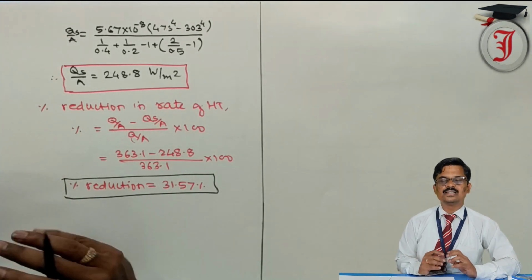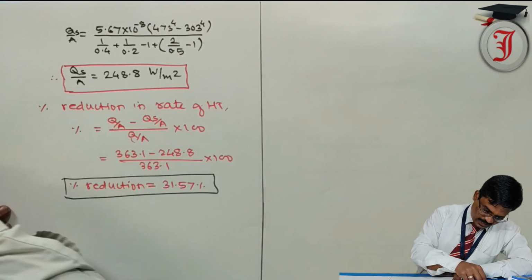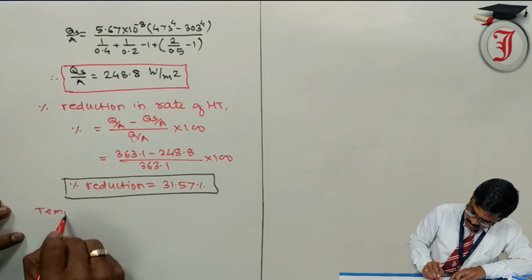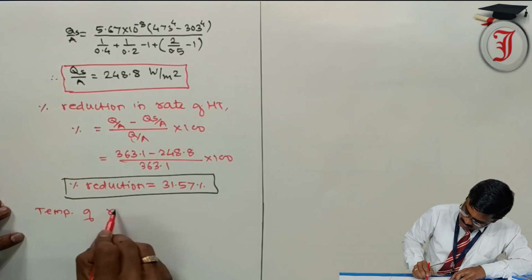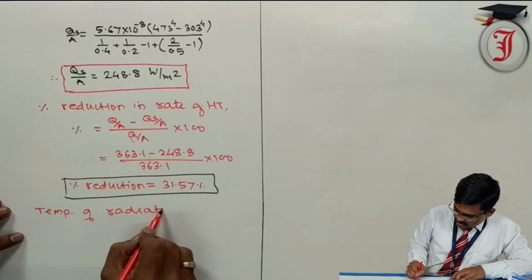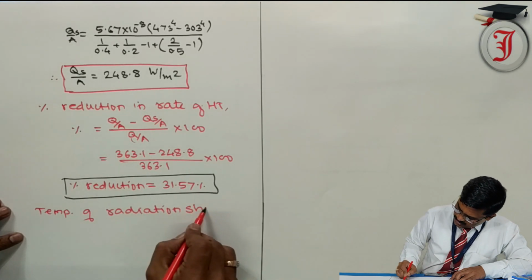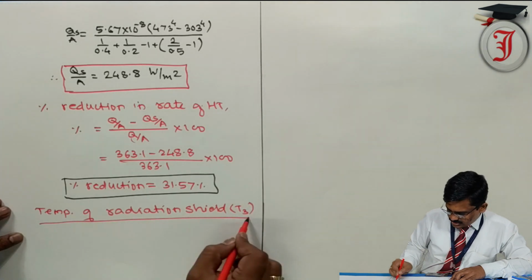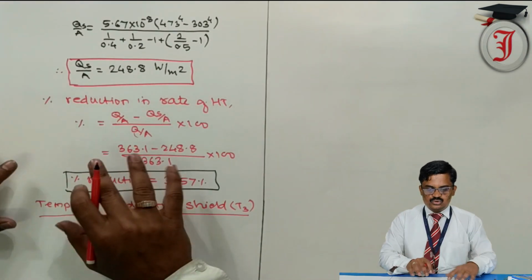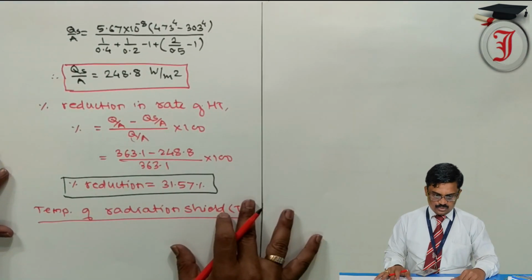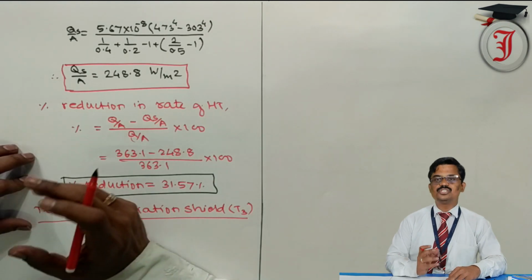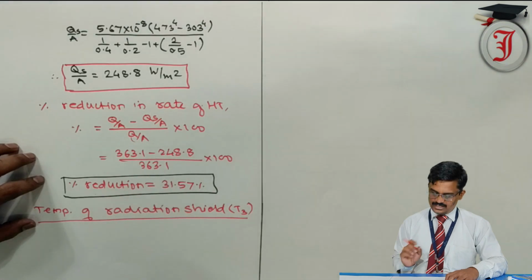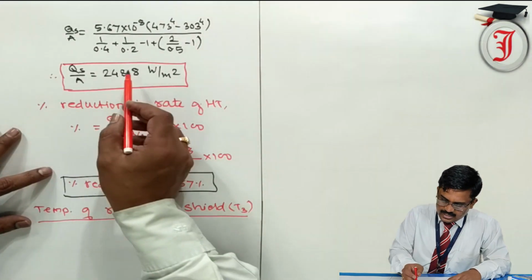Now we have to calculate the temperature of the radiation shield. Next, we have to determine the temperature of the radiation shield. Let us assume this temperature as T3. When we consider the rate of heat transfer with shield, the heat transfer through the first surface and the radiation shield is the same.